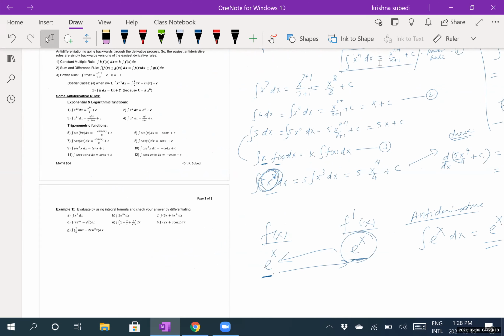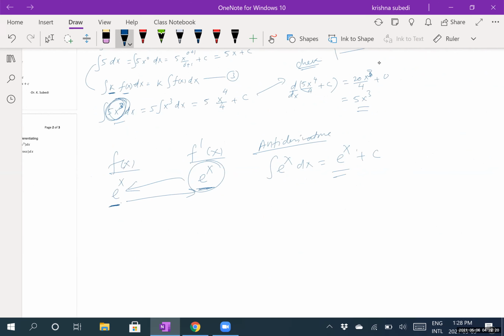So now let's try a few more. Suppose your function is, let's say, cosine x. What is the derivative of cosine x? It will be negative sine x. If your function is sine x, for example, what is the derivative of sine x? Cosine x.